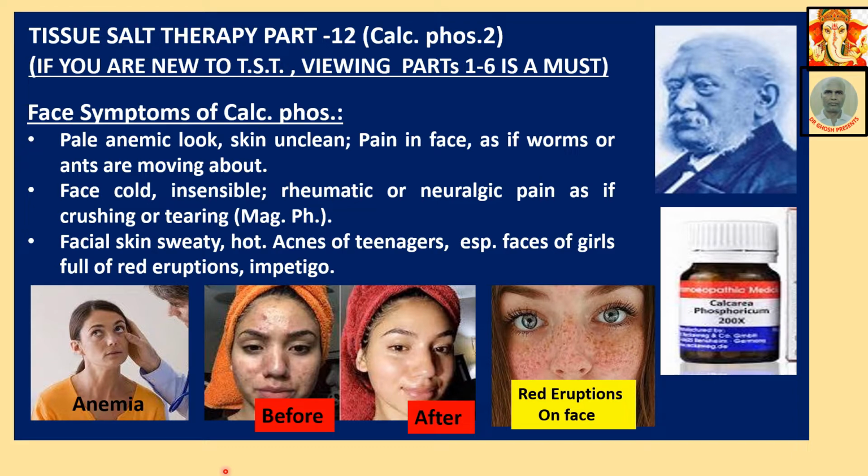Facial skin sweaty, hot, acnes of teenagers, especially faces of girls full of red eruptions and impetigo. Now, this is testing for anemia. This is red eruption on face, and this is actually a very important thing, because this is prior to treatment with Calcarea Phos. This is after treatment of Calcarea Phos.